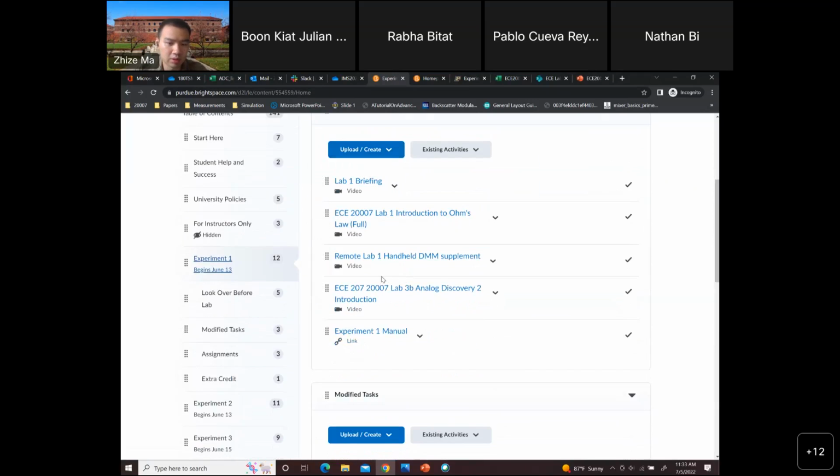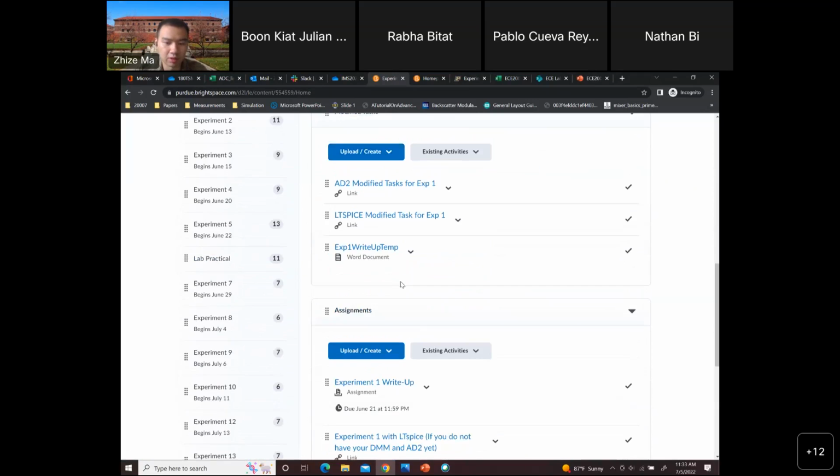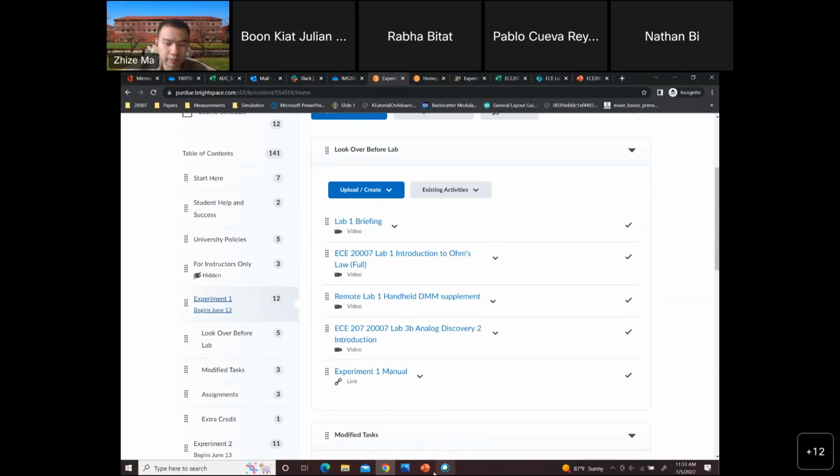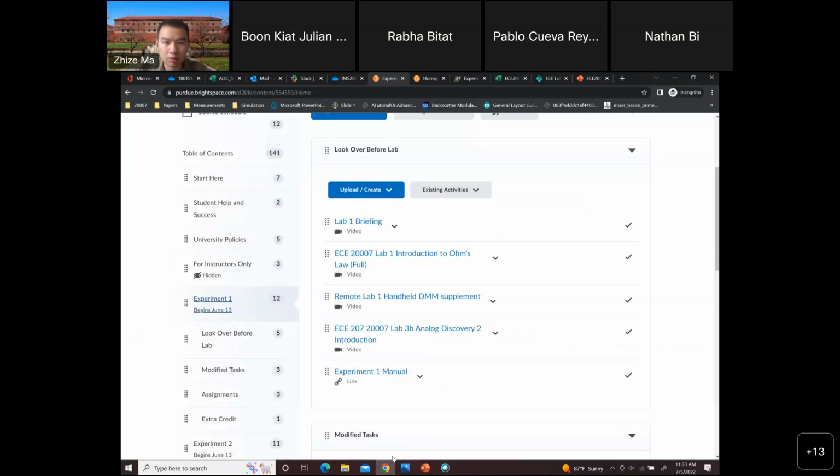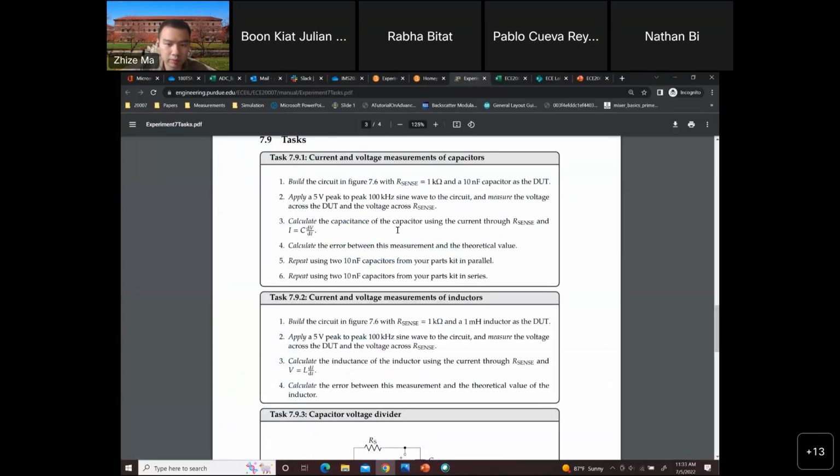There is a document that tells you how to find the capacitor and the inductor in your lab kit, and I can show you what the capacitor looks like soon. Any questions for task 1 and task 2?